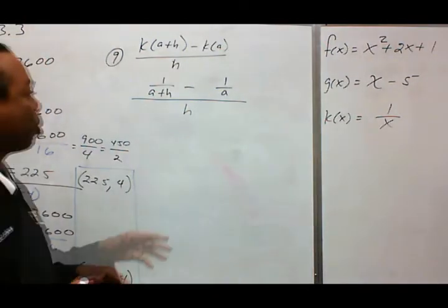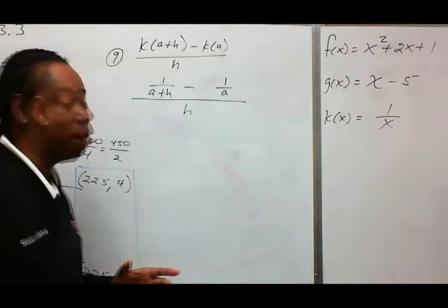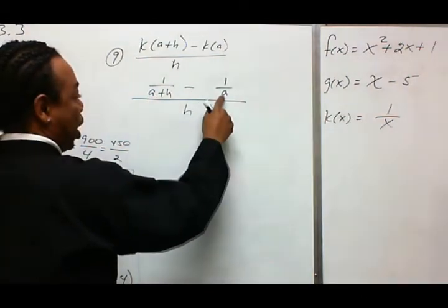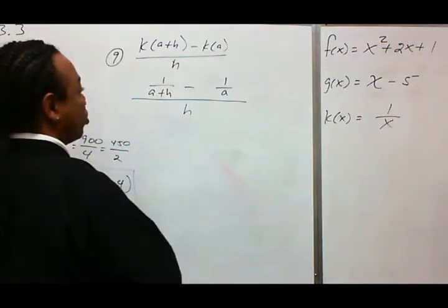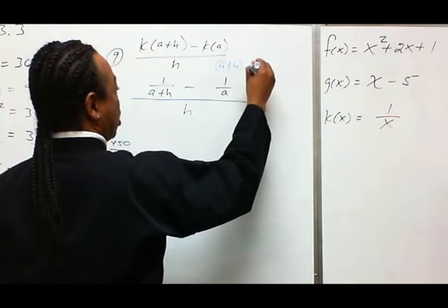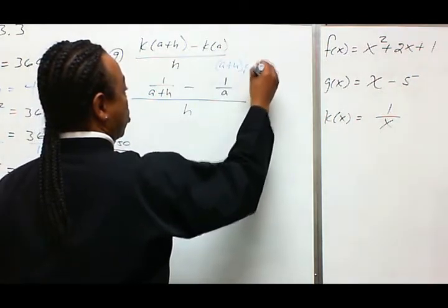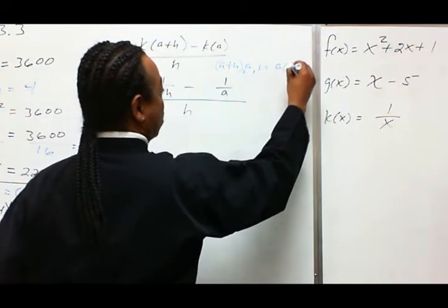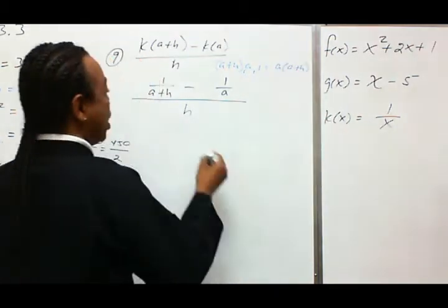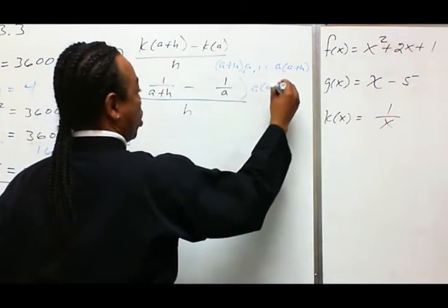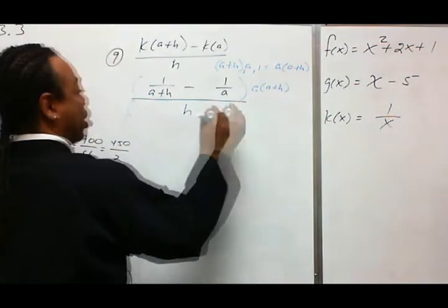Now, from here, I'm going to multiply by the LCD, the least common denominator. Our denominators are a plus h, a, and 1, which means that we have an LCD of a times a plus h. And I'm going to multiply that by the numerator and the denominator.